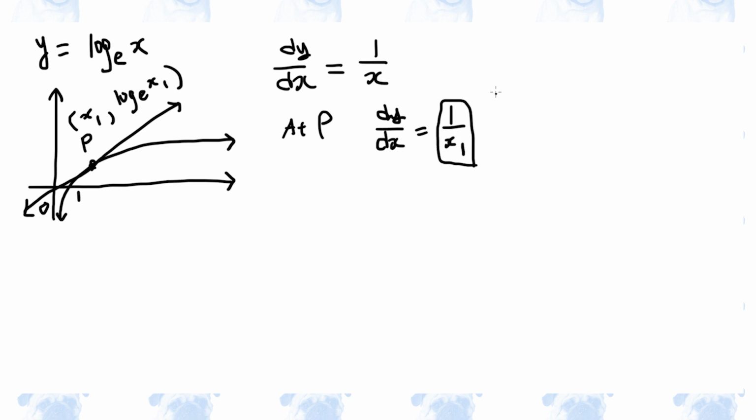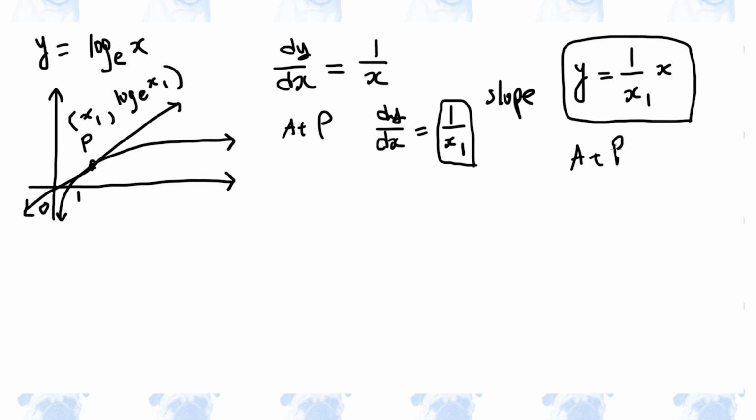And this is the slope of the tangent, and since the tangent line goes through the origin, the equation of the tangent must be y equals 1 over x sub 1 times x. At P, y is equal to log base e of x sub 1, and x is equal to x sub 1.